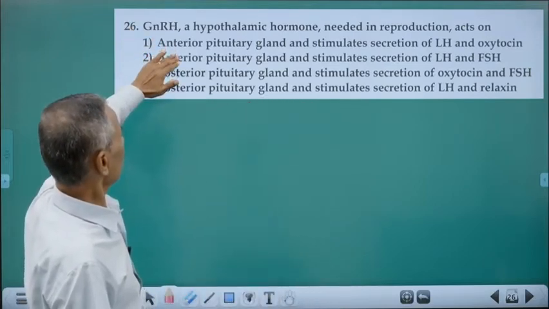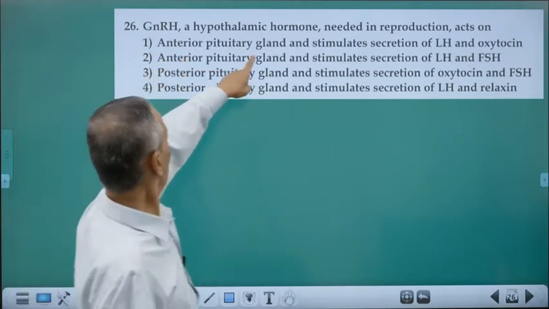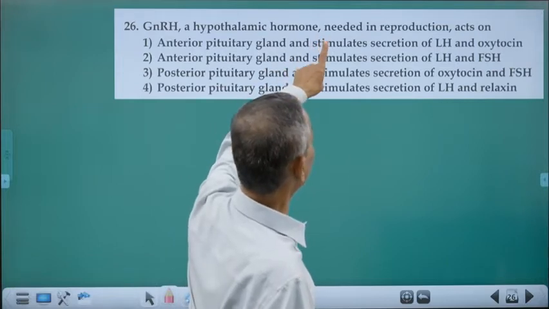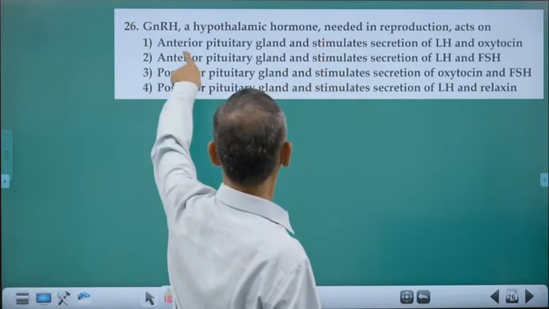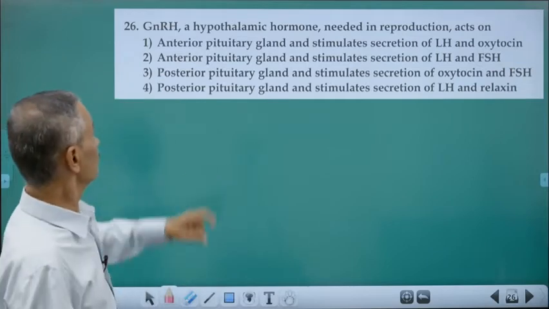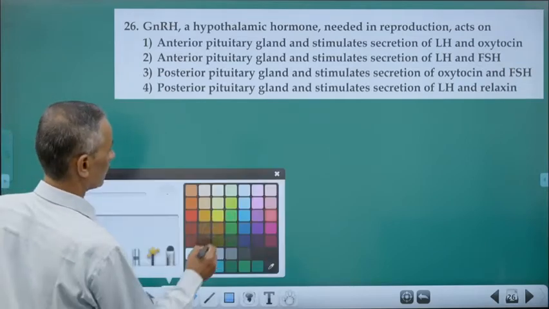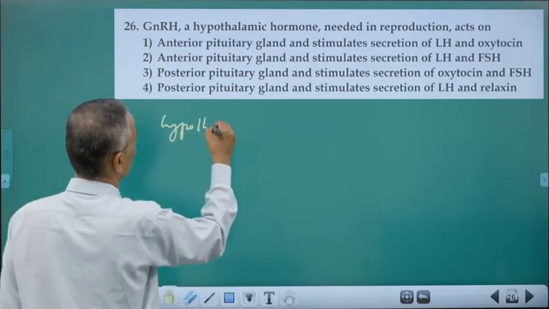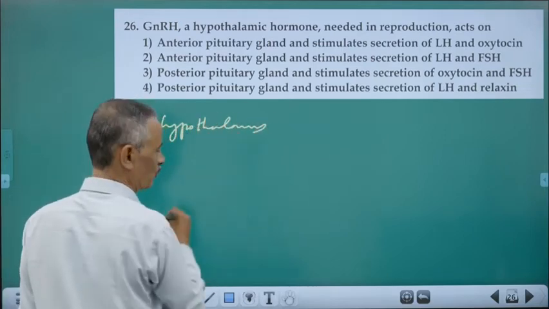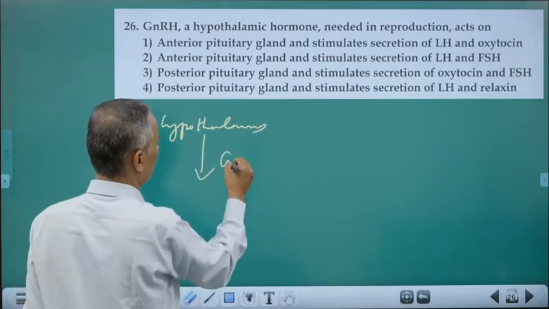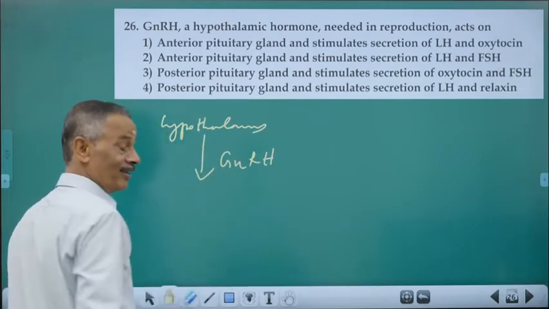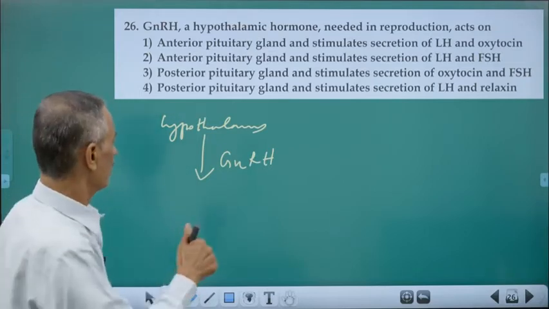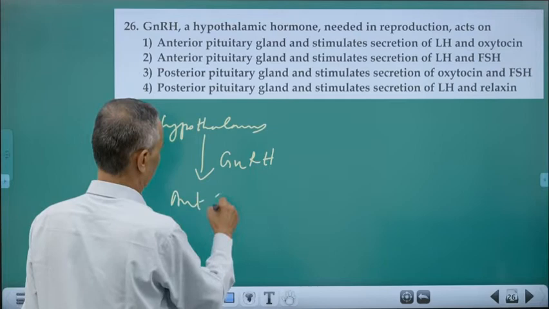Again, GnRH, a hypothalamic hormone. Hypothalamus, anterior pituitary, needed in reproduction. Where is it acting on? This GnRH. Hypothalamus is producing GnRH, transported through the hypothalamo-hypophyseal portal system, reaching the anterior pituitary.